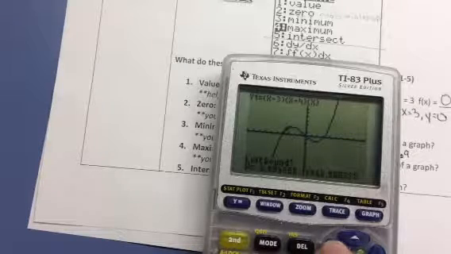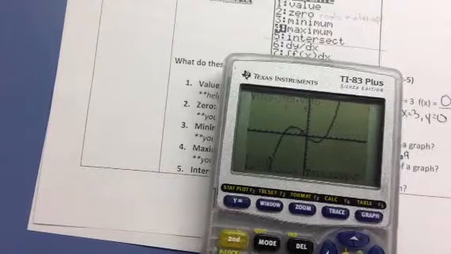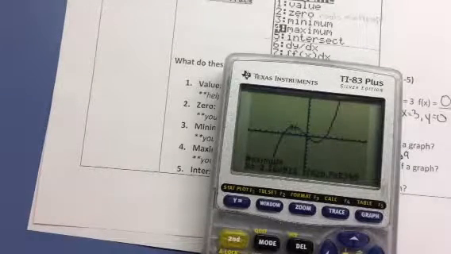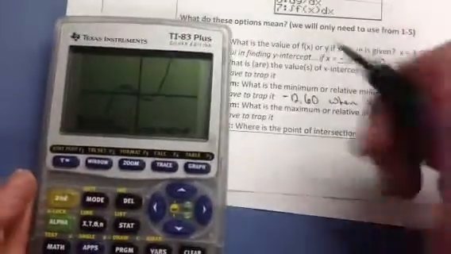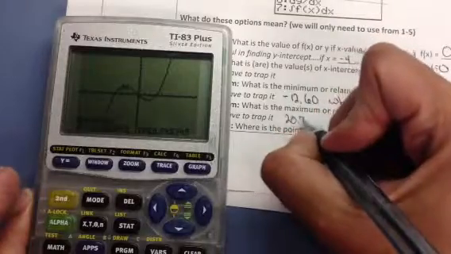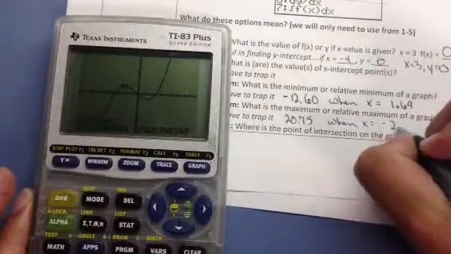Let's move it to the left. Hit enter, then move it over to the right, hit enter, and guess, and it's -2.36 and 20.75. So the max, again, I'm going to write as 20.75 when x equals -2.36.